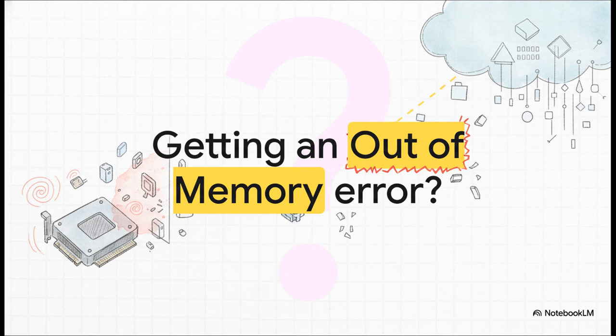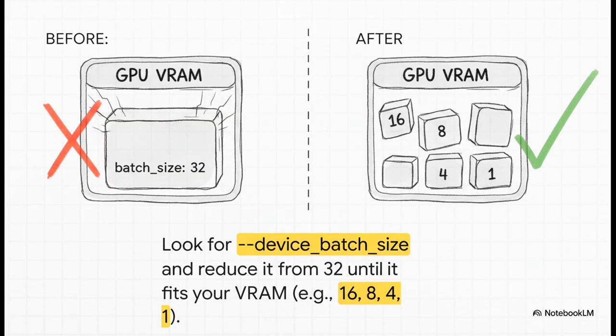Your GPU's video RAM is just completely full. But don't worry, the fix is unbelievably simple. You just go into the script, find the parameter called device batch size, and just lower the number. This tells the model to process data in smaller chunks, which uses way less memory. You could just dial it down from the default of 32, maybe to 16 or 8 or even 1, until it fits perfectly on your GPU.